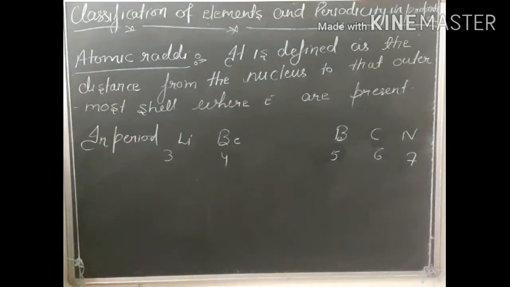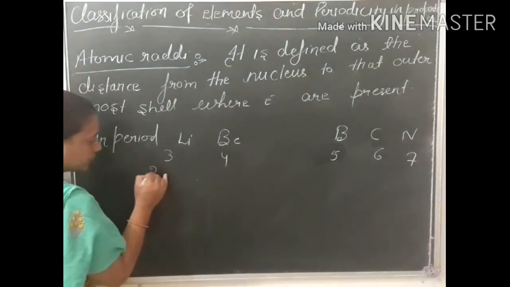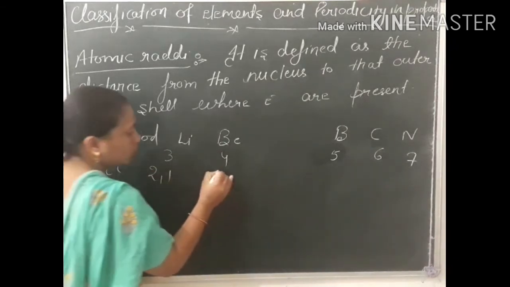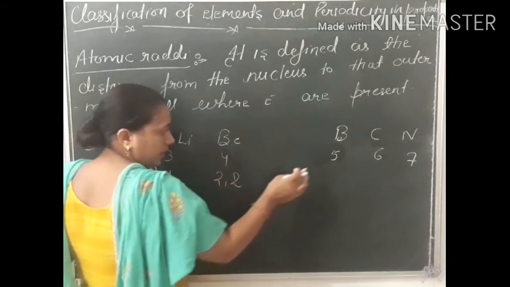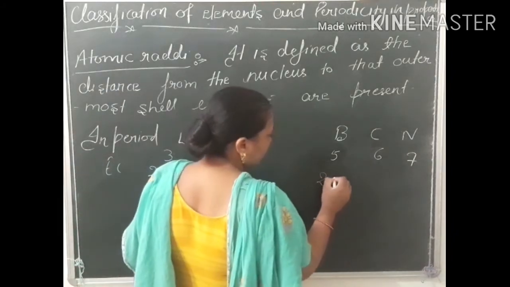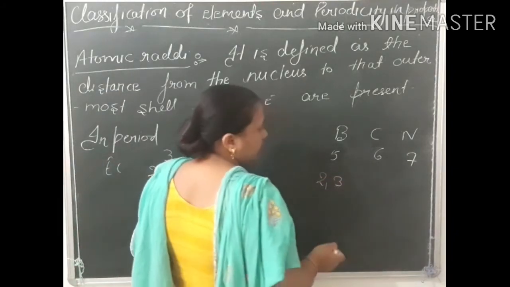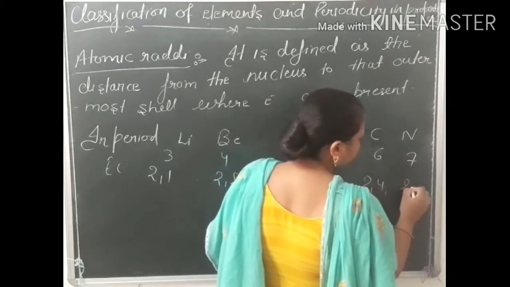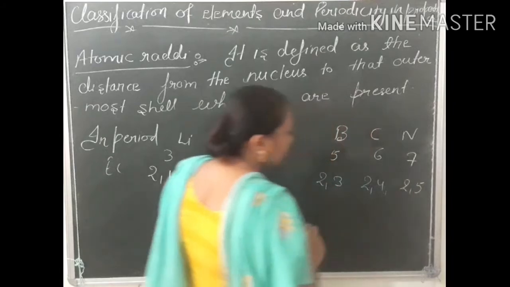First of all, we see that here the electronic configuration is 2 and 1, here 2 and 2, here 2 and 3, here 2 and 4, and here 2 and 5.